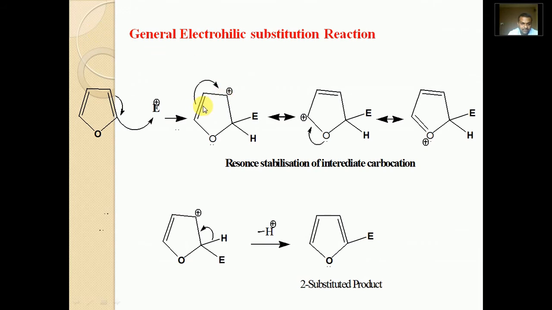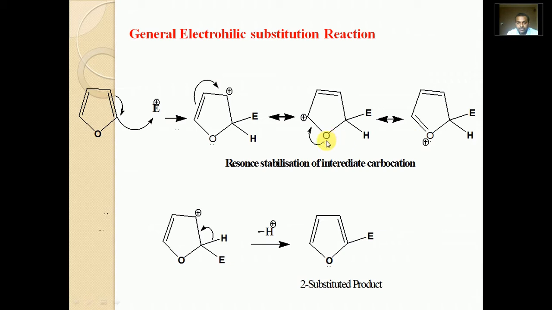When this pi electron shifts towards this carbocation, the carbocation gains electrons and becomes neutral, but carbon number 5 loses these pi electrons and becomes positively charged. Again, this lone pair of electrons and the positive charge are conjugated, separated by a sigma single bond. This pi electron shifts towards this carbocation, it gains electrons and becomes neutral.